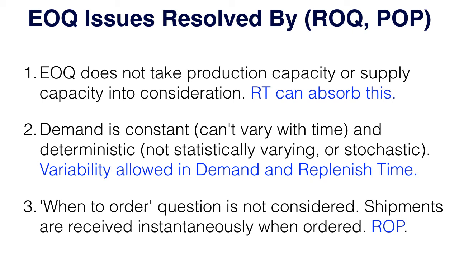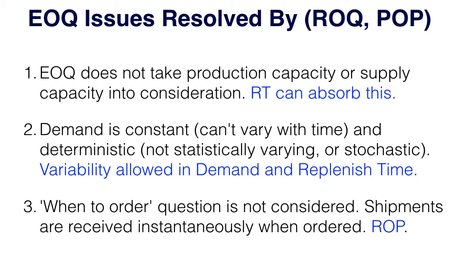Now this model essentially has resolved the issues that were raised in the EOQ discussion. We said EOQ does not take production capacity or supply capacity into consideration, but now by introducing the replenishment time, we can absorb this. If they can't produce instantaneously, they can produce in a day, if not in a day, in 10 days. So put in the replenishment time for the quantity you want to order. Number 2, demand is constant and can't vary with time and is deterministic and not stochastic. Now that is sorted.